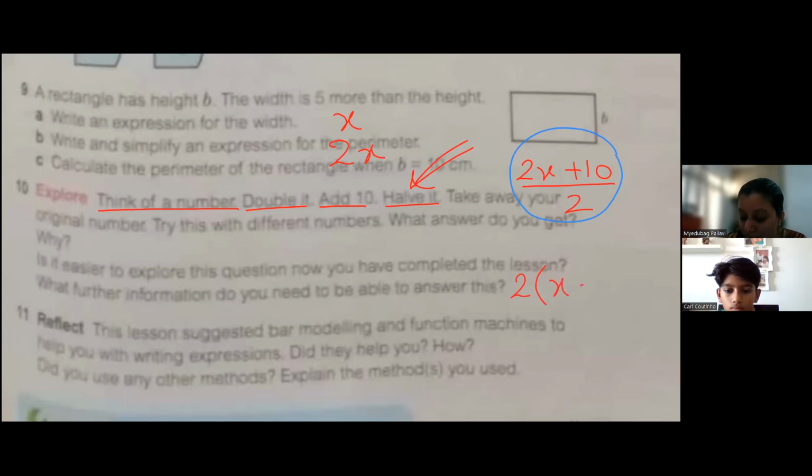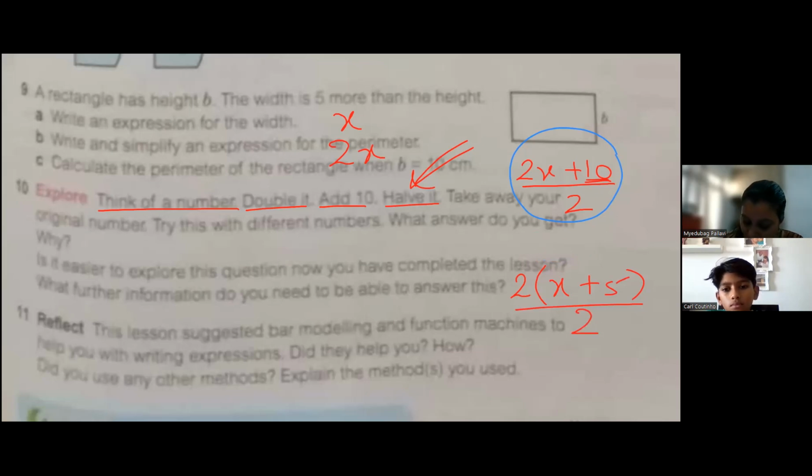Inside the bracket, it will be x plus which number? If it's 2x plus 10 and we have taken 2 common outside, inside the bracket we'll be left with 5. So it will be x plus 5, and we had divided by 2 also.